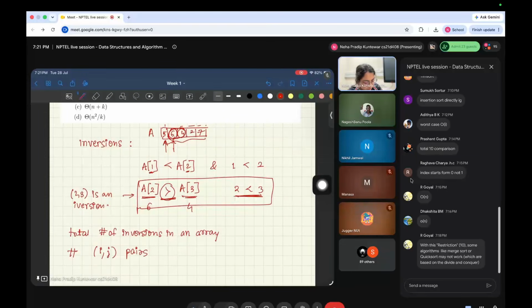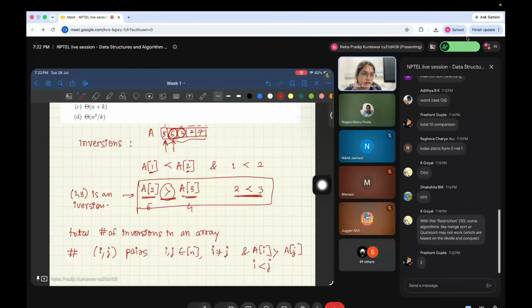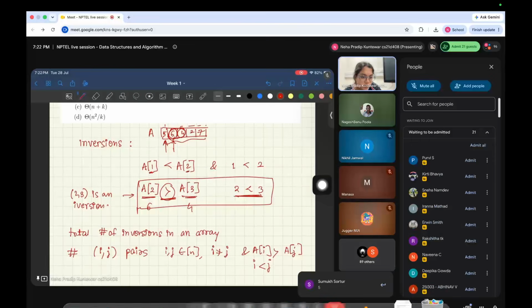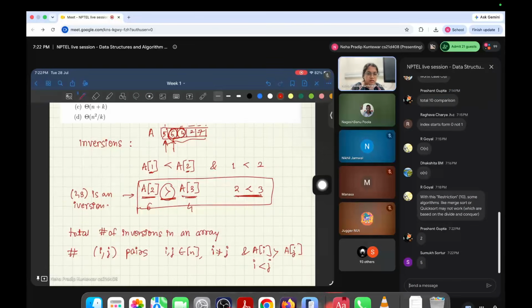This is the number of i comma j pairs where i and j are in n, i is not equal to j, and the values don't respect the order of indexes. So is the definition clear?